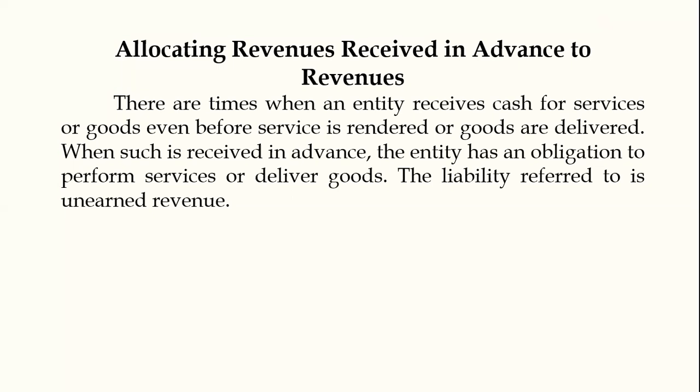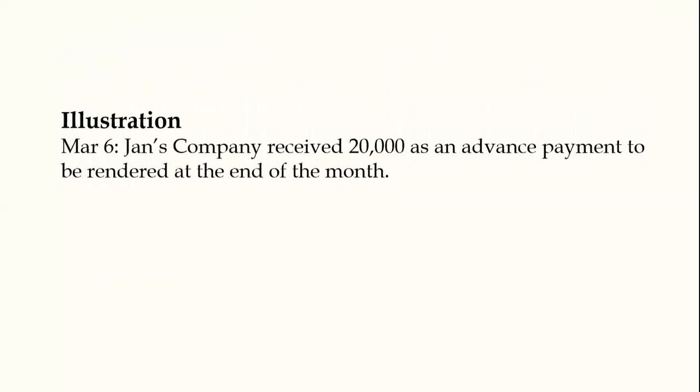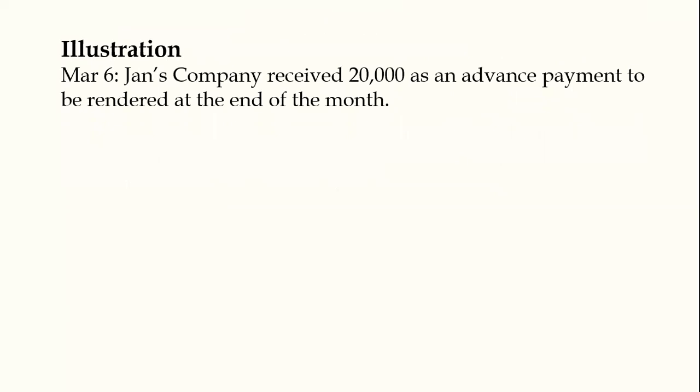Now, kapag na-perform na natin yung service or naibigay na natin yung goods for sa client na yon or sa customer na yon, kailangan nating magkaroon ng entries for that. Now, let's say this one. On March 6, John's company received 20,000 as an advance payment for service to be rendered at the end of the month.